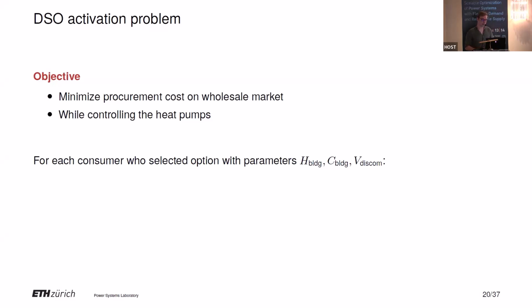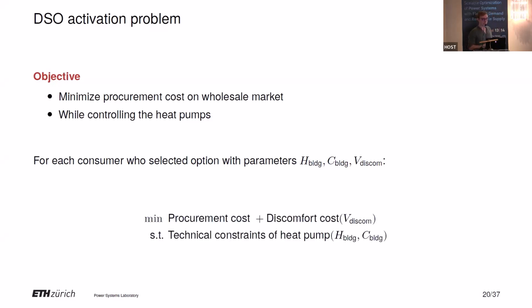So for each consumer who has already selected a menu option with parameters H, C, and V, they are going to simply minimize procurement cost and the discomfort cost of the user, such that they respect the technical constraints of the heat pump. And so you see that I've basically parameterized this problem with the three parameters that appear in the menu.